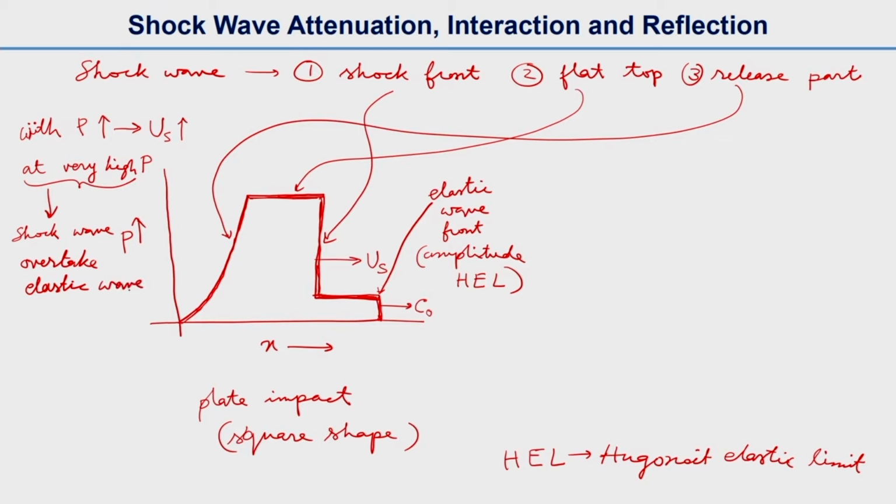So the elastic wave speed is constant in a material. Shock wave speed increases with pressure, and that's why at very high pressure this shock wave velocity can be higher than the elastic wave velocity.